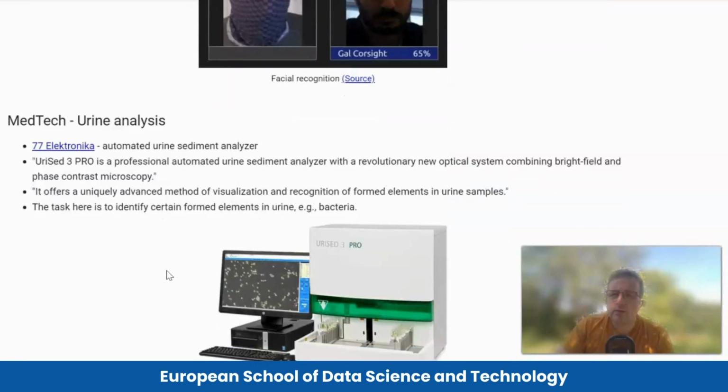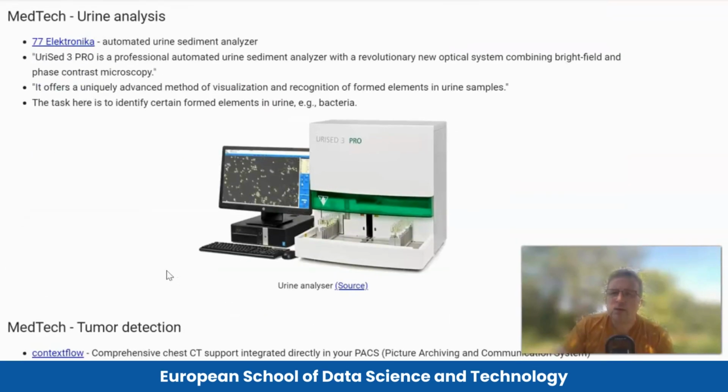And then let's go to a more peaceful application, Medtech and urine analysis. I got to know a company, 77 Electronica, and they work with an automated urine analyzer.